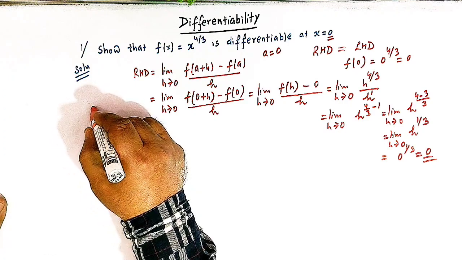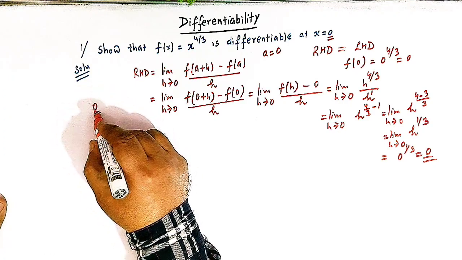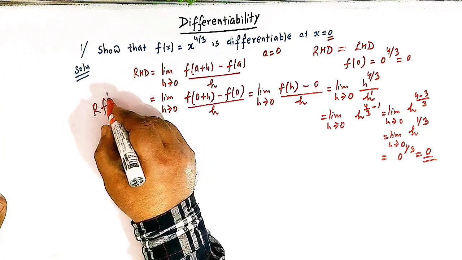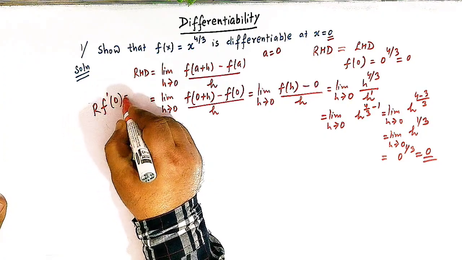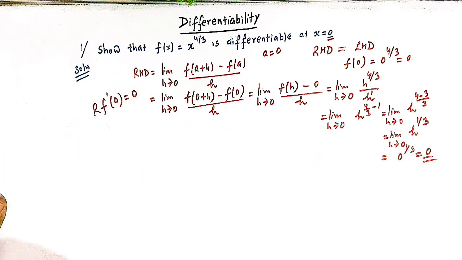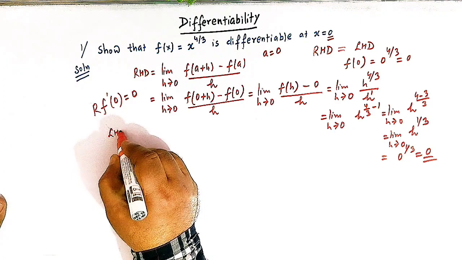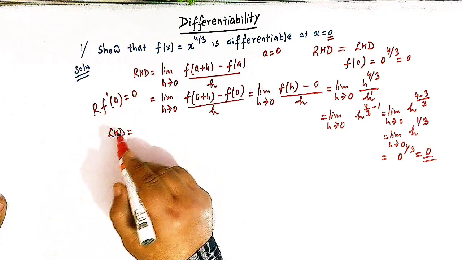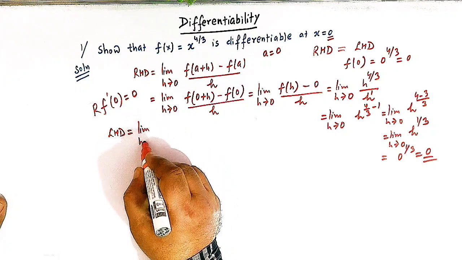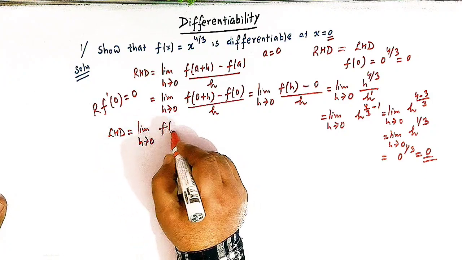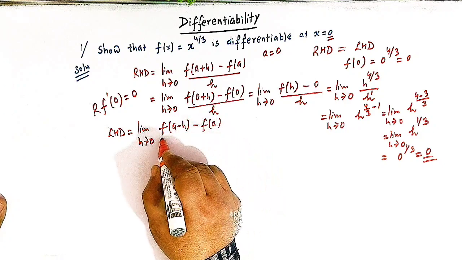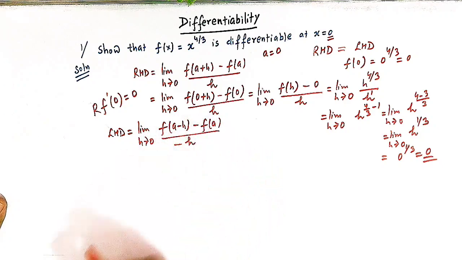So we can also write it like this: we have R for the right hand derivative, then R f prime of 0 is equal to 0, right? Now let us find out the left hand derivative. The definition of left hand derivative goes like this: limit h tends to 0, f of a minus h minus f of a divided by negative of h.